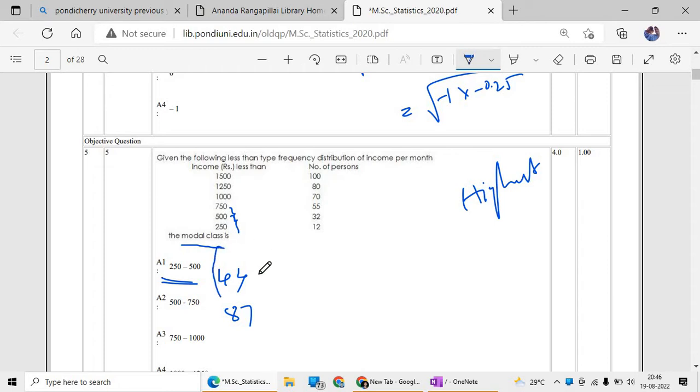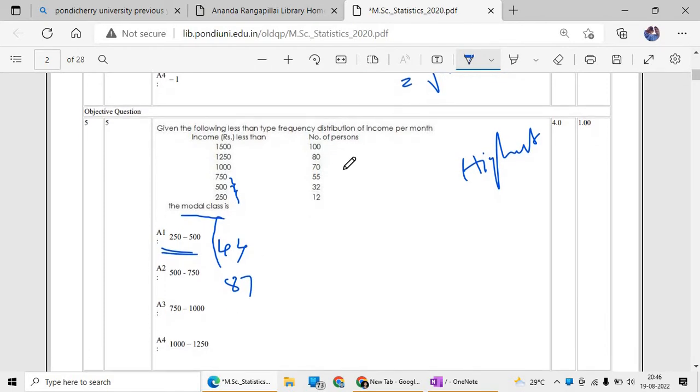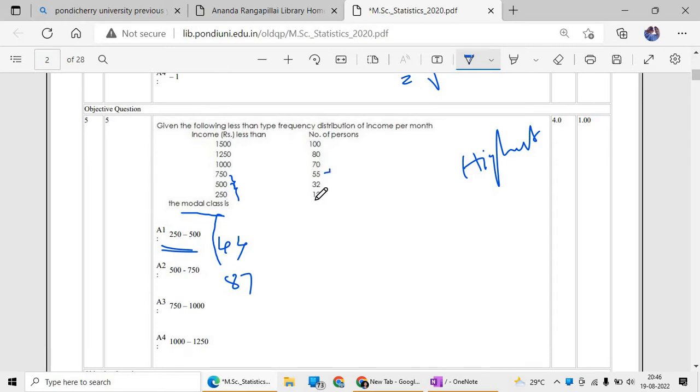Next 750 to 1000 is again 120, 70 plus 55, it is 125. Then 1000 to 1250 is 150. So where is the highest modal value? A4. A4 is the modal class.